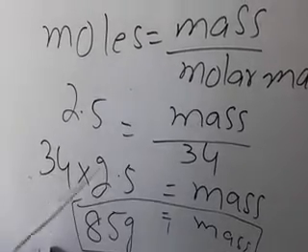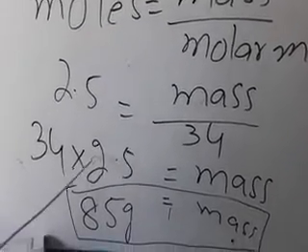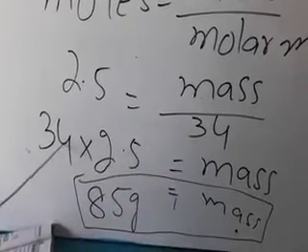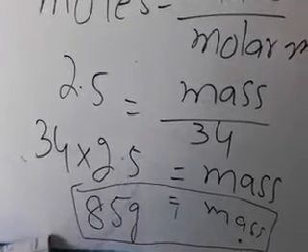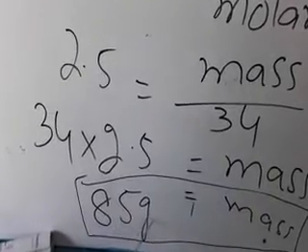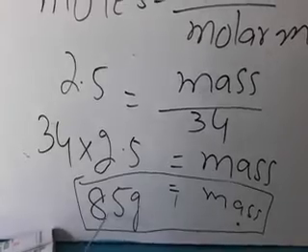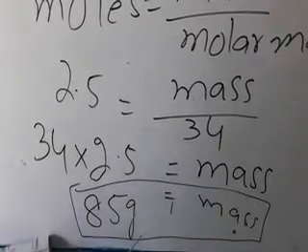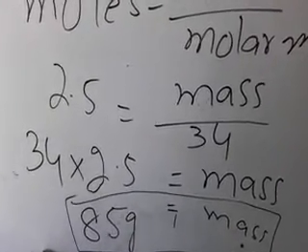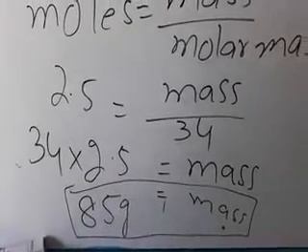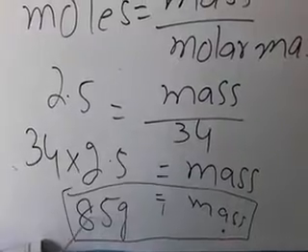And using your calculators, as at this level you are allowed to use scientific calculators, you'll multiply 34 with 2.5 and it is 85 grams. So the mass of hydrogen peroxide is 85 grams. Now the unit is very important to write because it carries marks in your question. So this is our answer. Mass will be 85 grams.